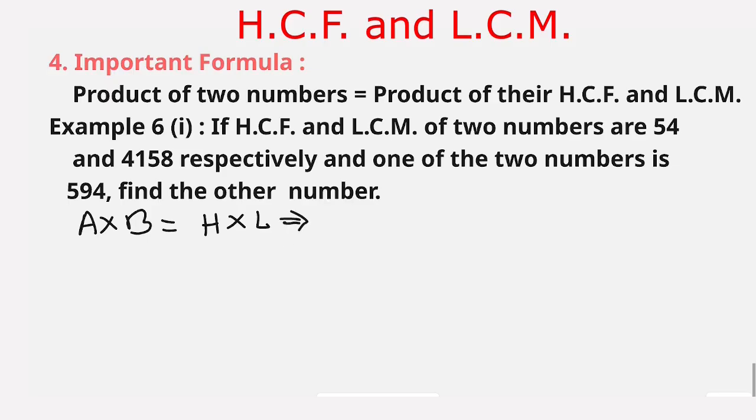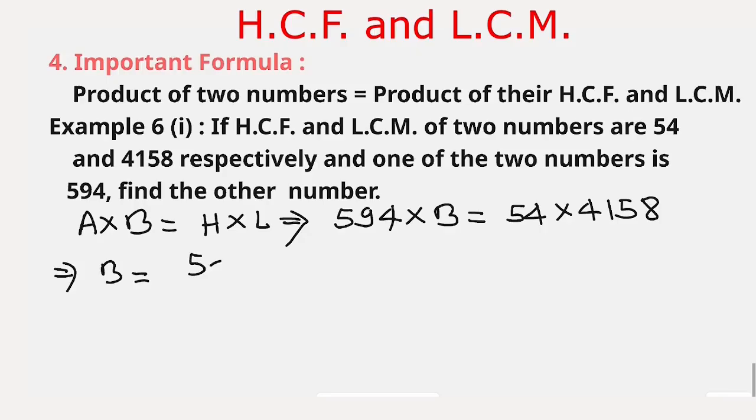Now we put the values. The one number given to us is 594 and we have to find the other number B. So we write B as it is, equal to the product of HCF and LCM. HCF is 54 multiplied by LCM is 4158. So B equals 54 multiplied by 4158 divided by 594.